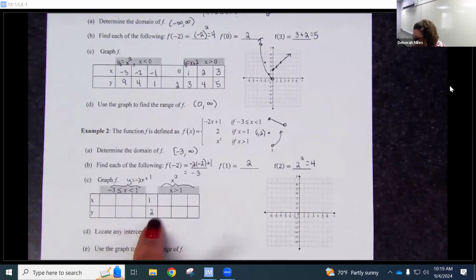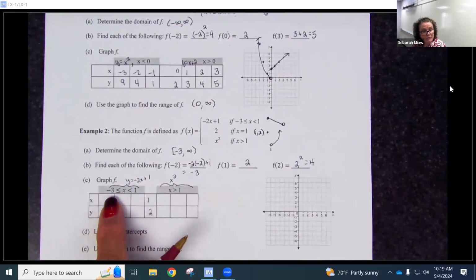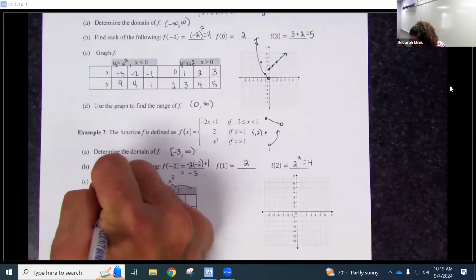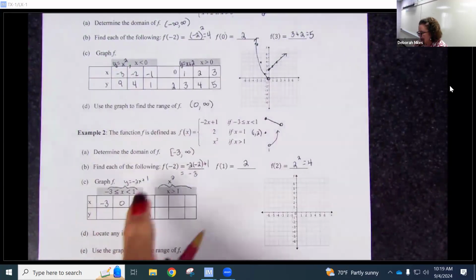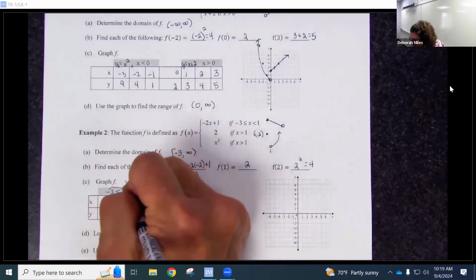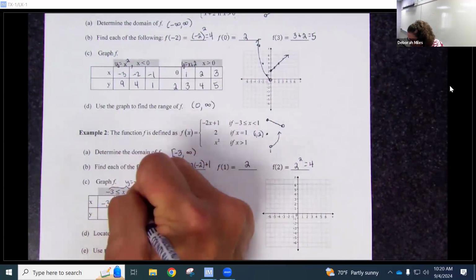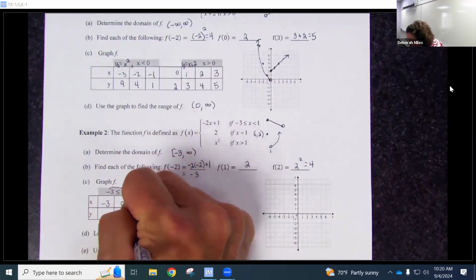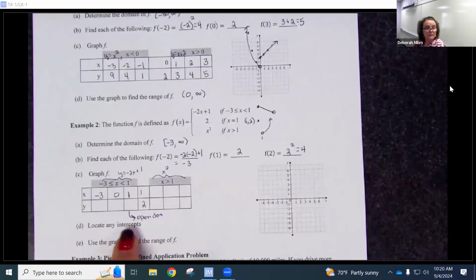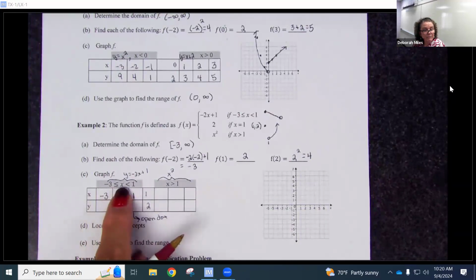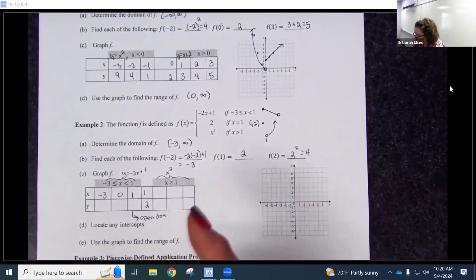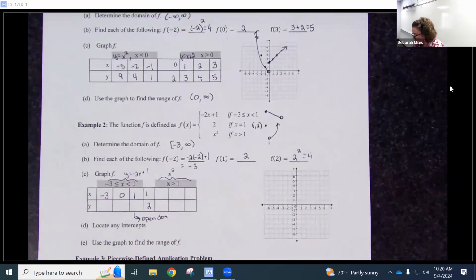So I'm going to pick some x's between negative 3 and 1, including the negative 3. Maybe I'll choose negative 3, 0, and since this goes all the way up to 1, but doesn't include 1, I'm going to go ahead and put 1 on my XY chart, but make myself a note that that point's going to be an open dot. All the x's between negative 3 and 1 go all the way up to 1, but don't include 1. So I'm going to have an open dot on that point.